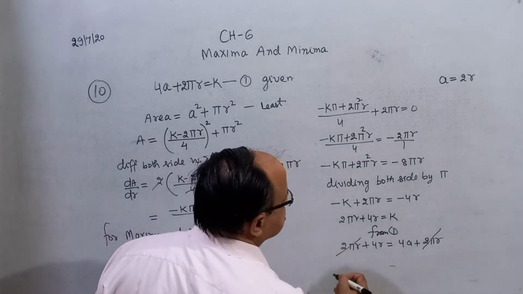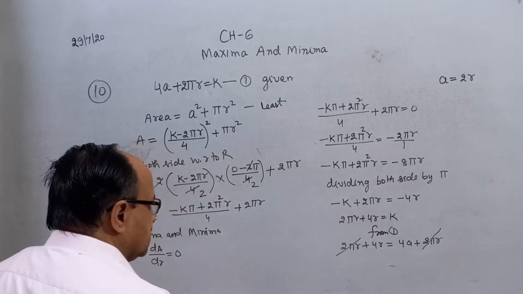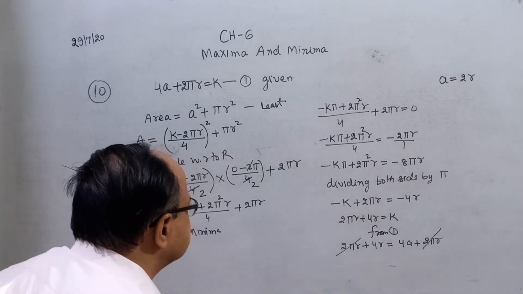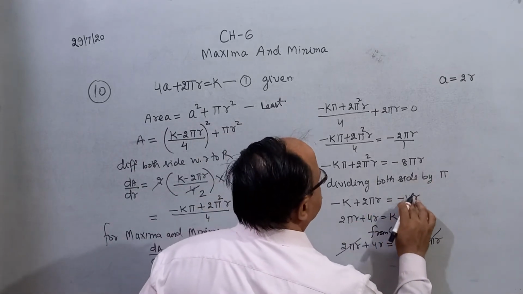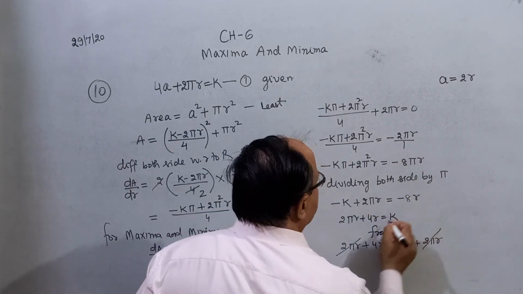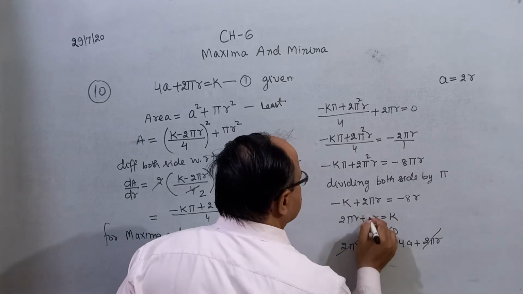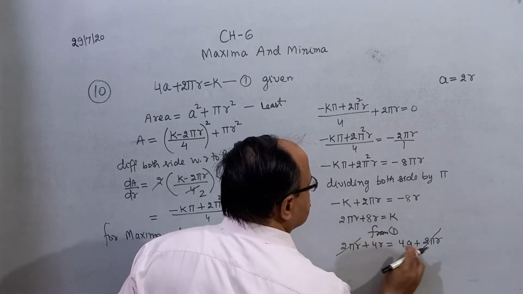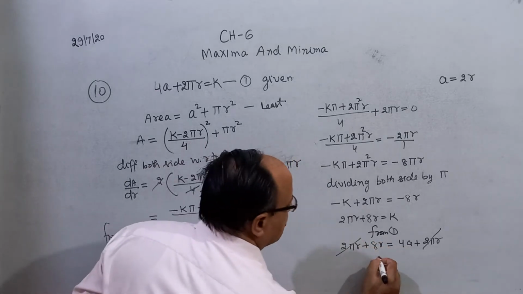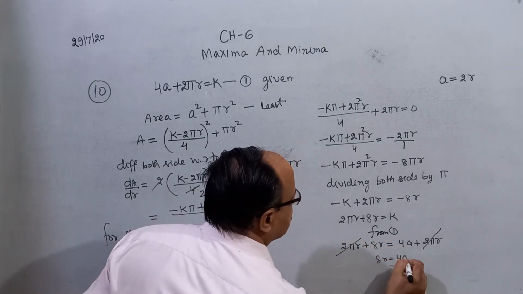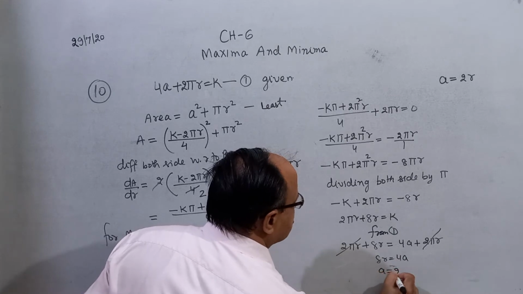Therefore, when divided by pi, it is 8r here, and here also 8r. Now 8r is equal to 4a, therefore a is equal to 2r.